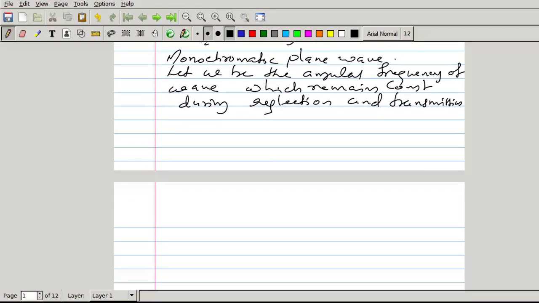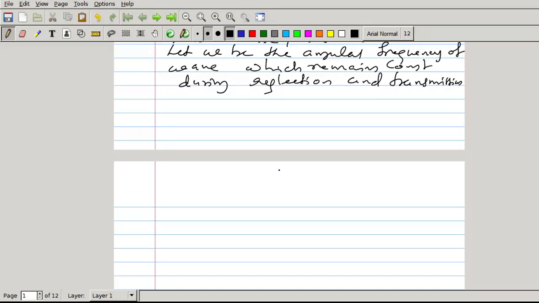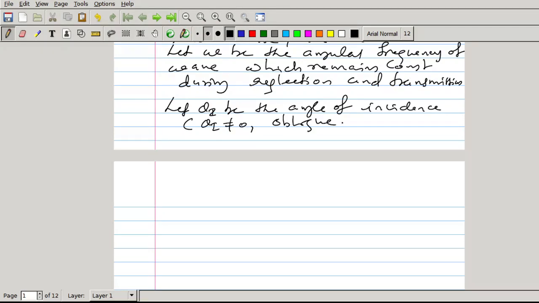So the electric and magnetic field vectors can be written as follows. The wave is incident at an angle theta I, the angle of incidence. It is not equal to 0, and that's why it is called oblique incidence. If theta I equals 0, it is called normal incidence.